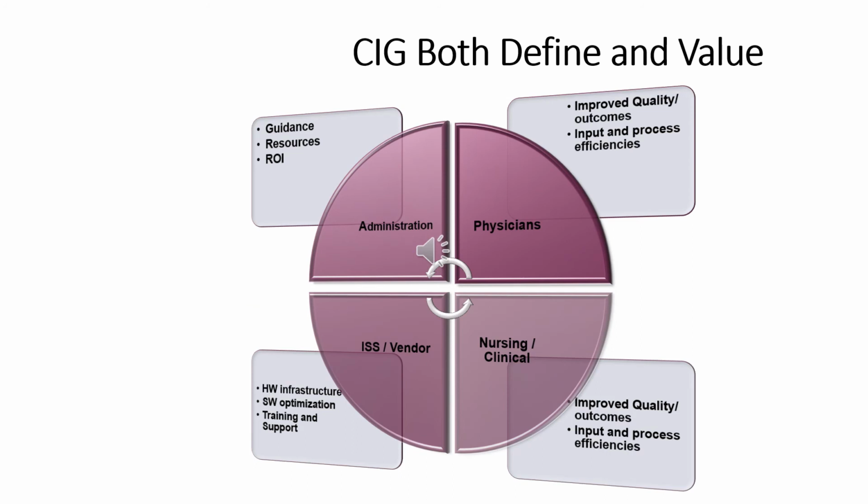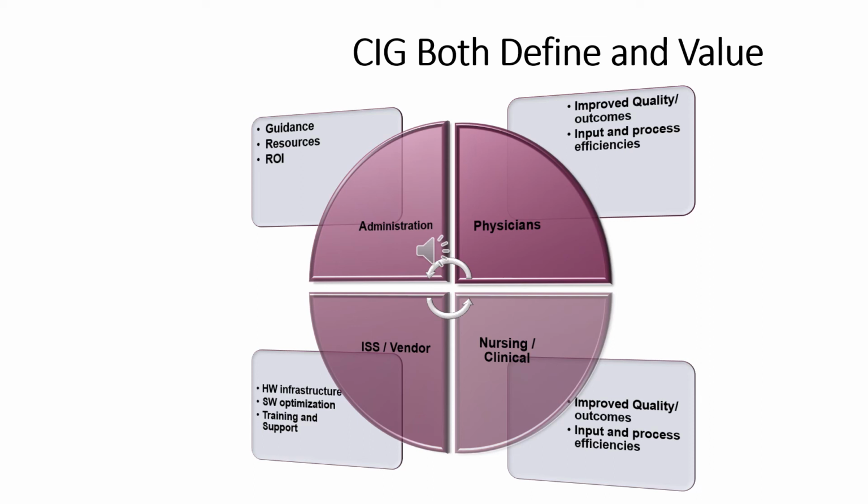Okay, for me, this slide is both the SIG definition and value. So I've combined it or bridged it. And for the definition, again, what is clinical informatics governance? As I said, it's about guidance, it's about resources, it's about ROI, return on investment. It can also be defined as improving quality and outcomes and input and processes and efficiencies. It should have the representation of administration and physicians and clinical nursing and the IS department and the software vendors.